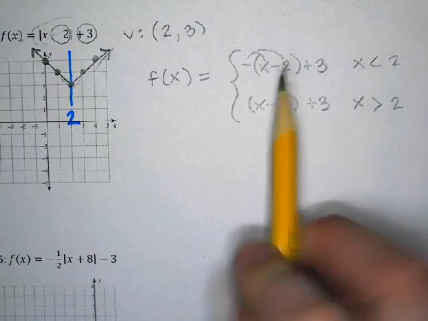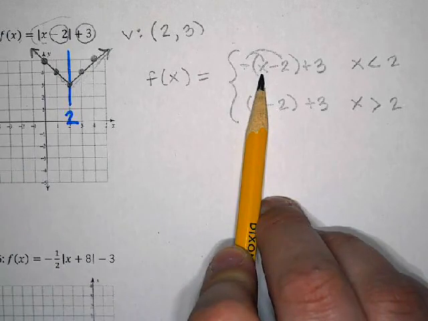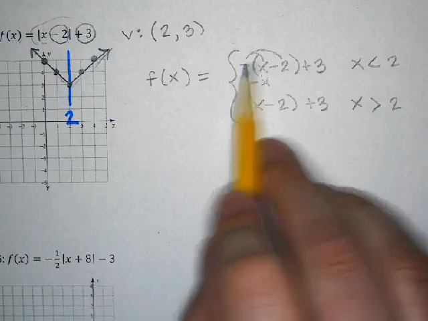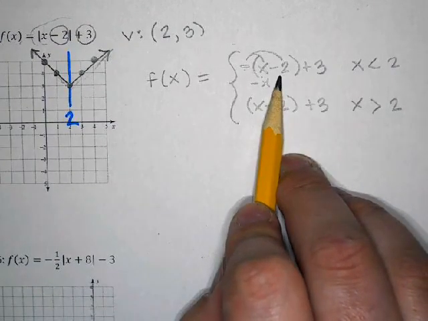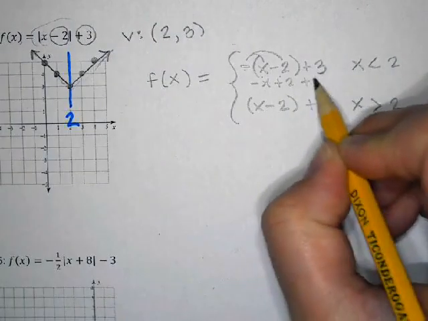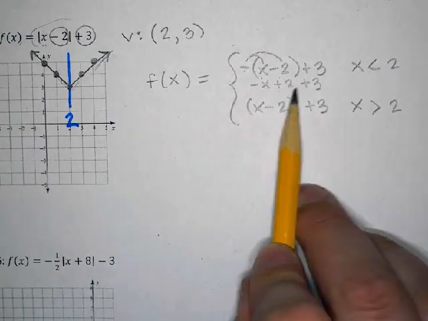So a negative multiplied by x is what? Negative x. And a negative multiplied by negative 2 is what? Positive 2. Right? And then we have a plus 3 on the end. And so negative x plus 2 plus 3 gives you what?